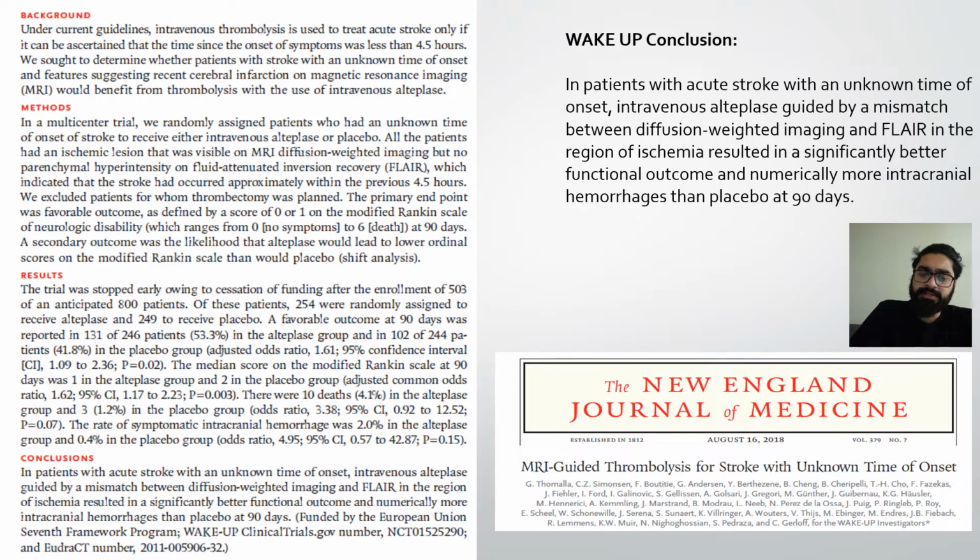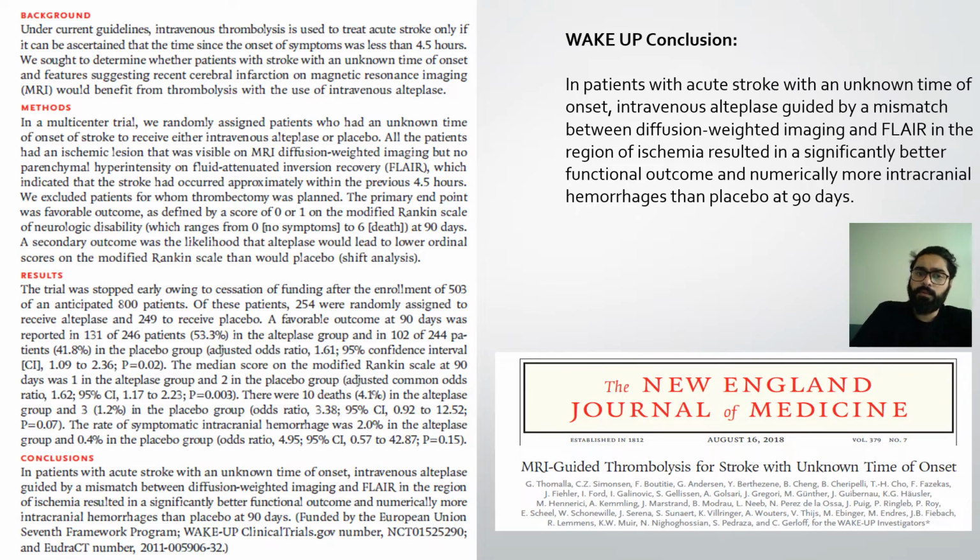So this trial actually used MRI as both a diagnostic and a therapeutic modality to guide whether to go ahead with IV thrombolysis or not. We know from our knowledge of MRI that the diffusion weighted image becomes very sensitive within the first hour or two after the initial stroke onset, but the FLAIR sequence is the one which takes time.